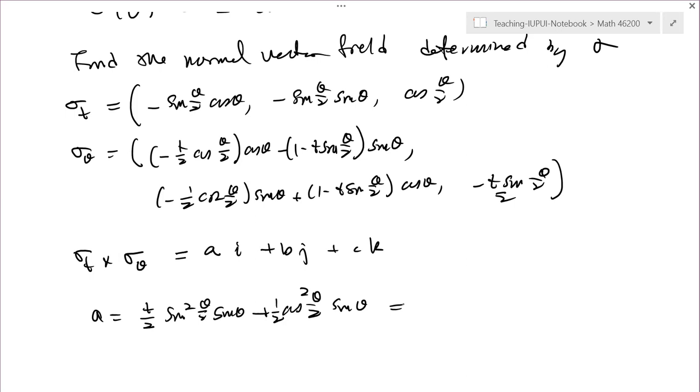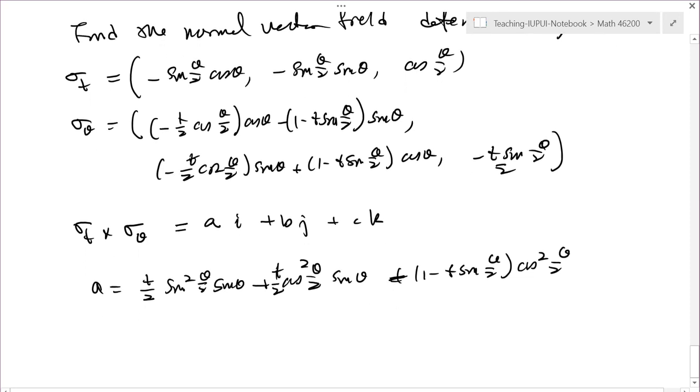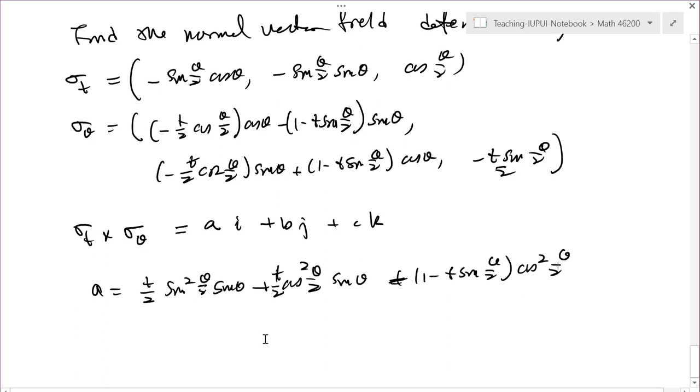And cosine this, and this is a derivative. That's a t here. Plus 1 minus t sine half of theta cosine square half theta. This is a cross part, and this is a minus, so it will be minus. The first term will be half of t sine theta, and then minus 1 minus t sine half of theta cosine square half of theta.